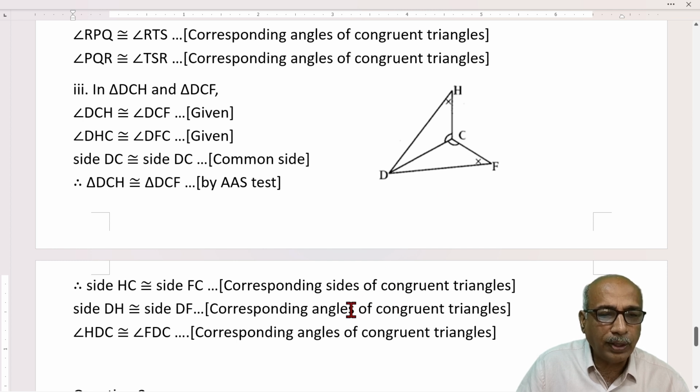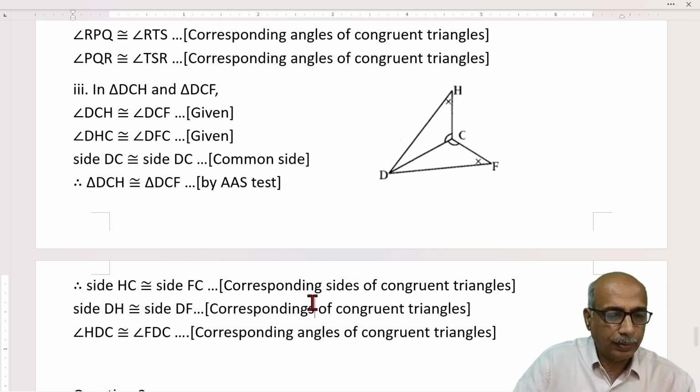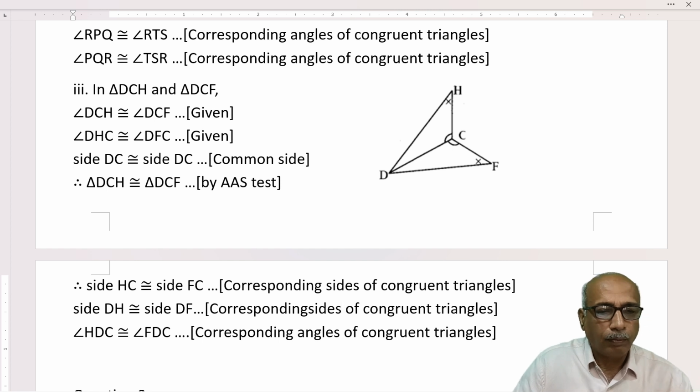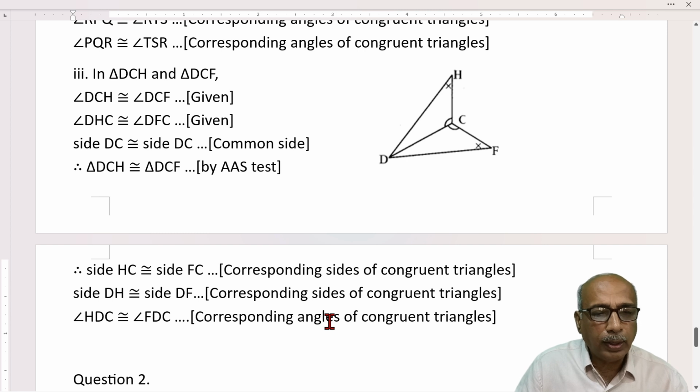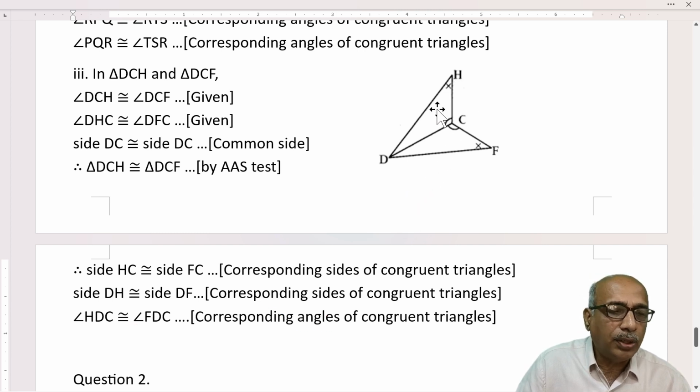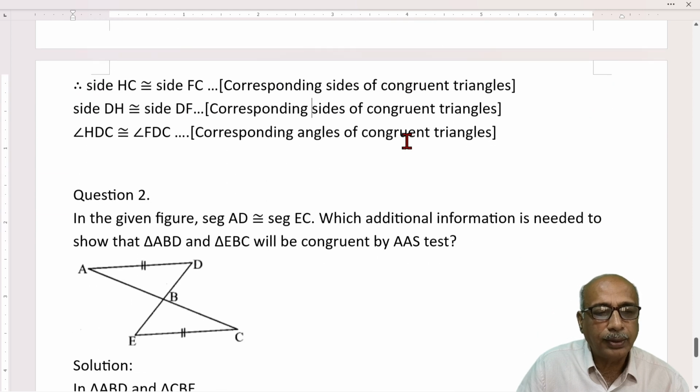So corresponding sides of congruent triangles. And angle HDC, third angle. One angle, two angles. So third angle HDC congruent to angle FDC. So these two are congruent. Corresponding angles of congruent triangles.